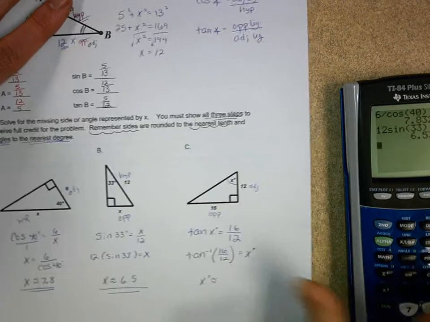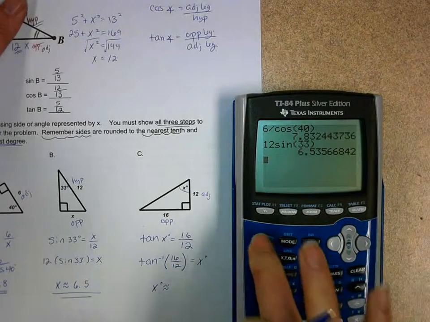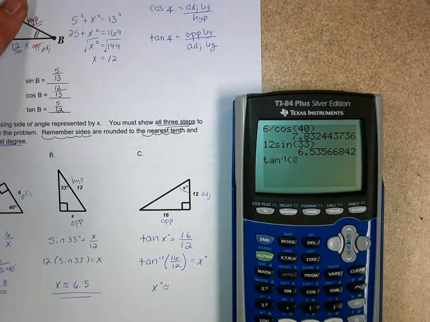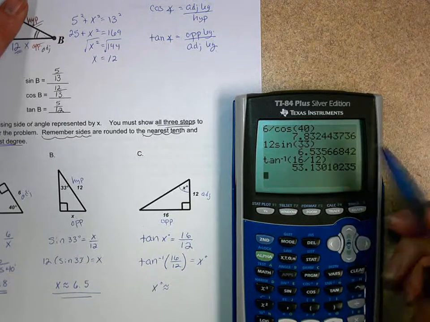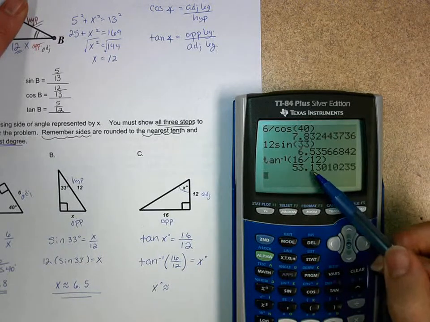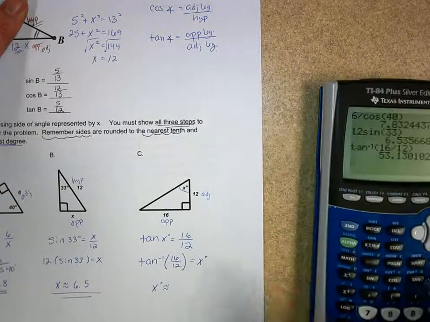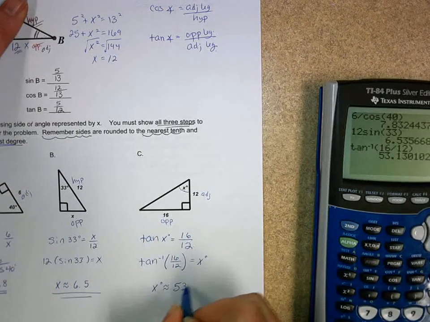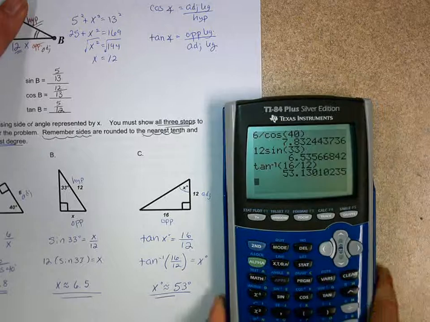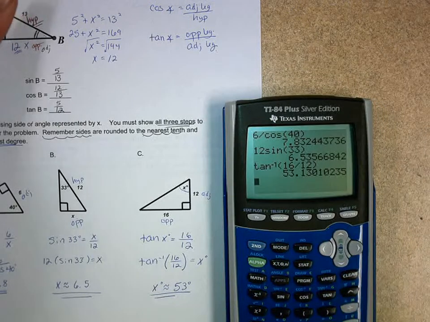So that means I'm doing an angle. So let's go plug it in. We go second function, tangent, 16 divided by 12, close parenthesis, hit enter. It's 53.1, so that will round to 53 degrees. Hopefully, that will help us set those all up.